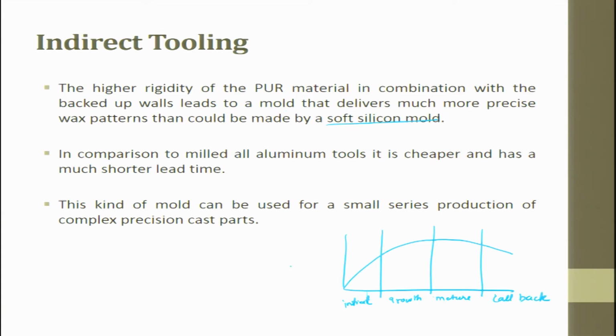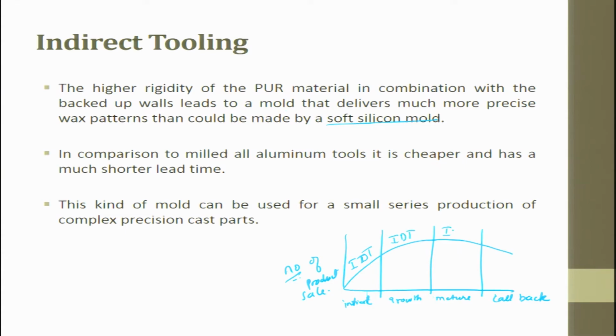This is with respect to the number of parts, number of products, sale or whatever it is. Okay. So, now what is happening, when we are in the initial phase also, we try to use this IDT, indirect tooling, and during growth also we try to use this IDT.